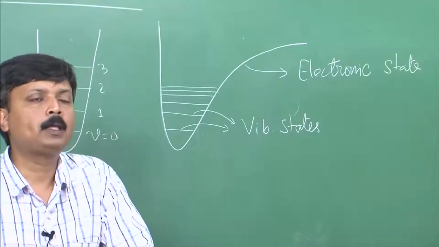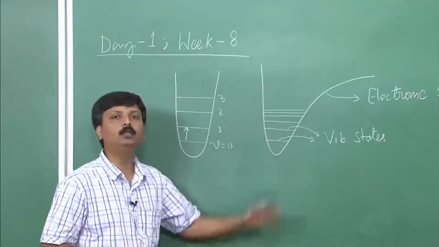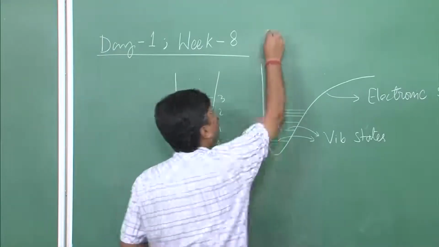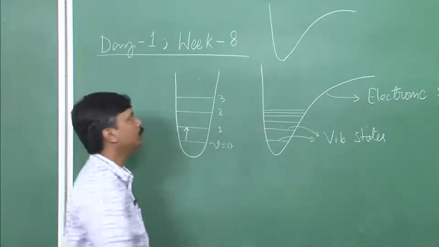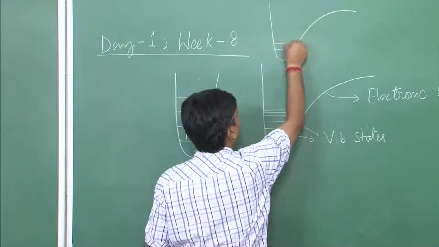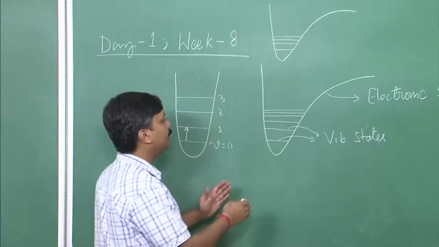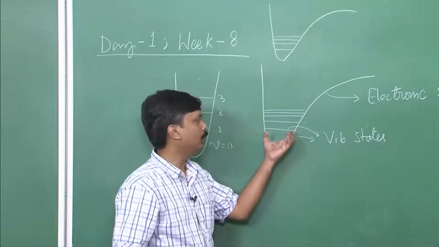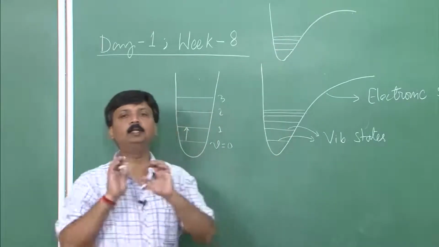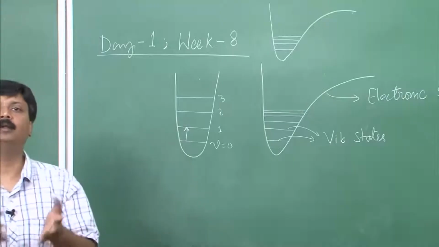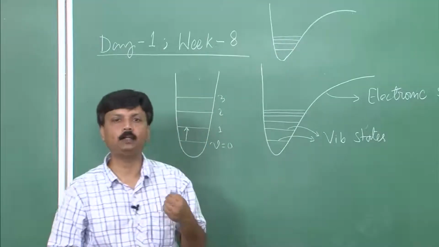So, if we have a situation where this is my ground electronic state and there is some other electronic state at higher energy, which also has its own vibrational levels, then I can think about taking a molecule from here to this upper electronic state by giving some form of energy, preferably light, and this transition is called an electronic transition.